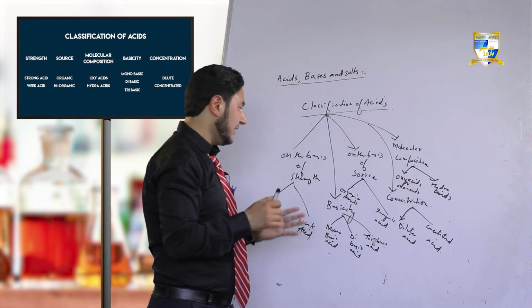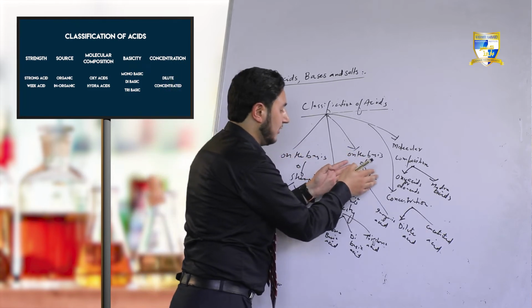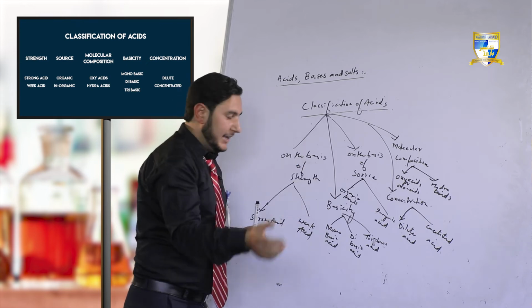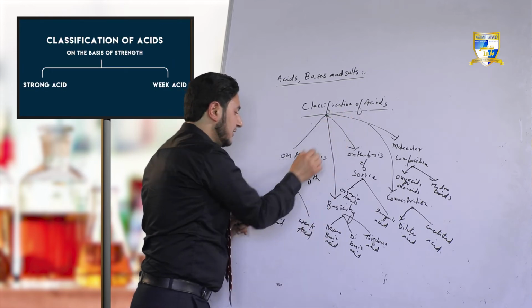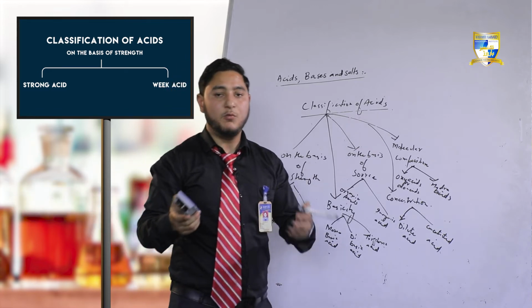Now we will be discussing separately each one among them, that is, on the basis of strength, on the basis of source, and so on. Let us start by studying classification of acids on the basis of strength. That is, what do we mean by strength of an acid? What is strength of an acid?